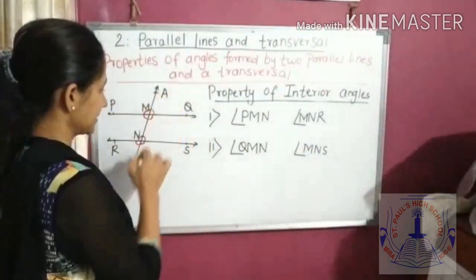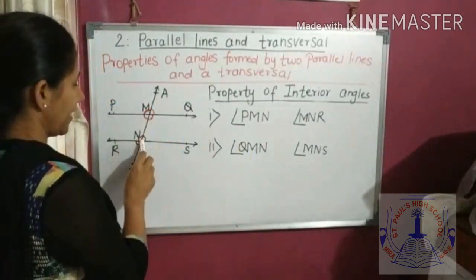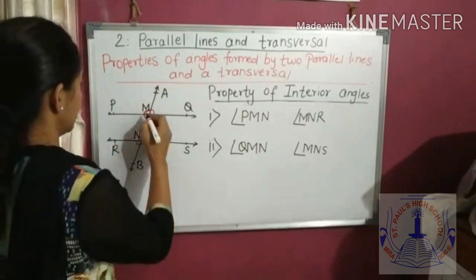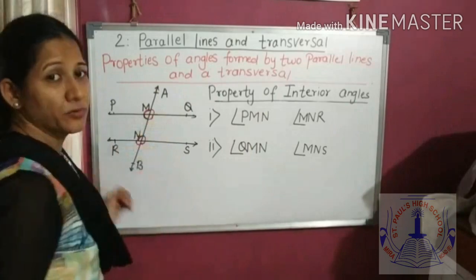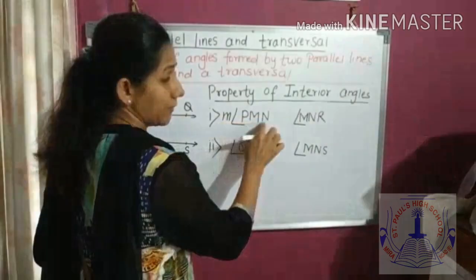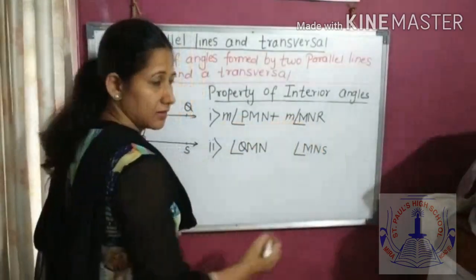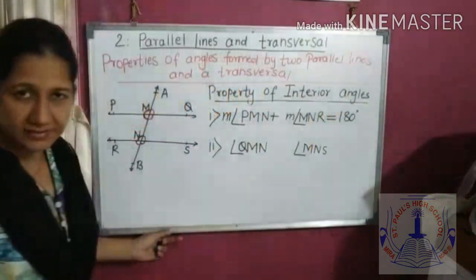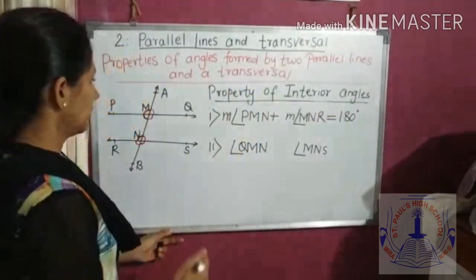This is one of the pairs of interior angles, angle PMN and angle MNR, this and this. So they are supplementary to each other. That means measure of angle PMN plus measure of angle MNR is equal to 180 degrees. This is the property of interior angles.